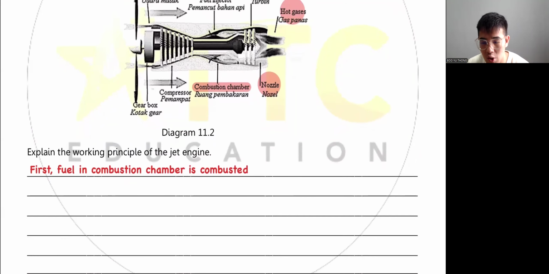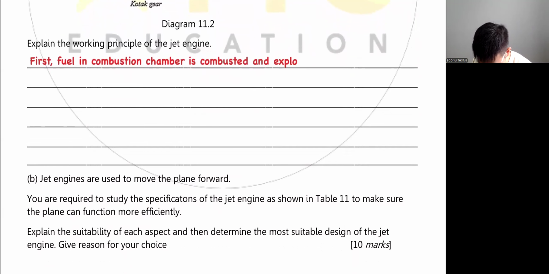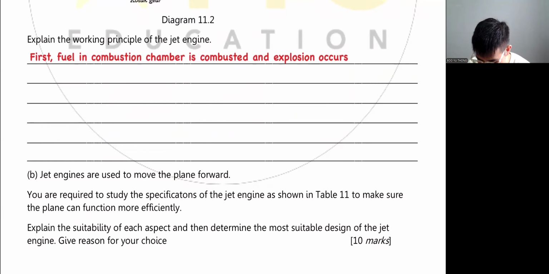The fuel in the combustion chamber is combusted, and then an explosion occurs. Now, this explosion, I've explained many times, is not a bomb explosion. It's basically what we explained just now: backward momentum produced, then a forward momentum produced. One backward, one forward, causing the jet engine to move forward.